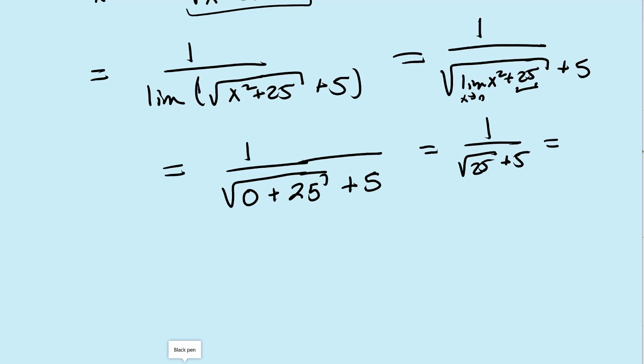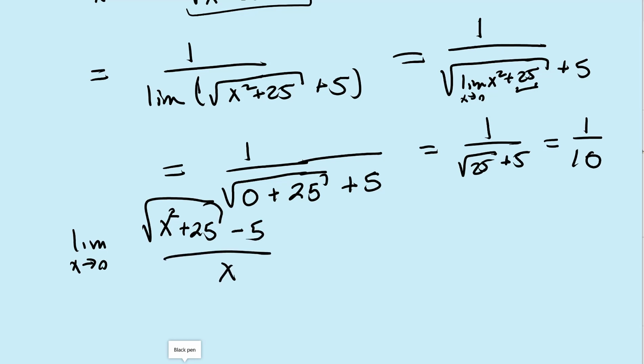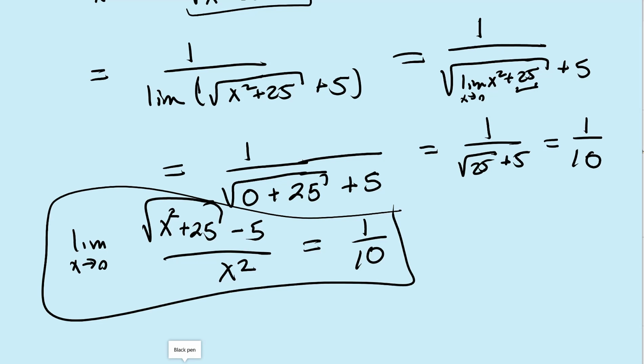The square root of 25 is just 5, so we have 1 over 10. And so the limit of x goes to 0 of the square root of x squared plus 25 minus 5, divided by x squared, is equal to 1 over 10. And that is our result for the limit of this function.